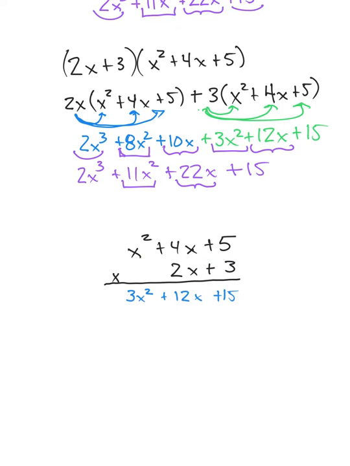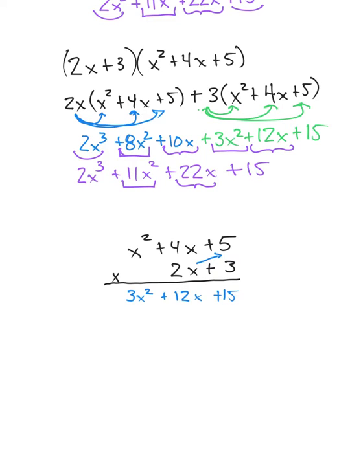So now I want to multiply everything on top by 2x. So I get 2x times 5 is 10x. And where do I want to put it? Well, just like we do with 2 and 3 digit numbers, we want to line up our variable terms. So I want to push it to the side.